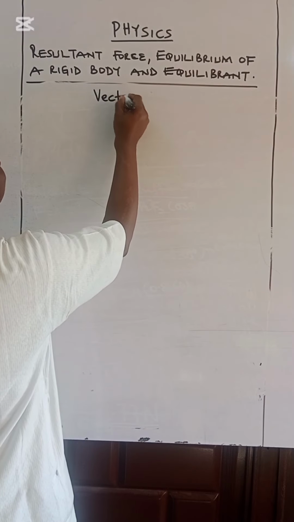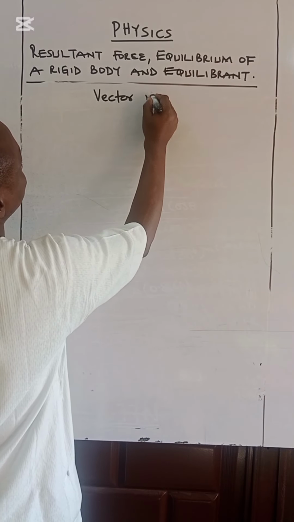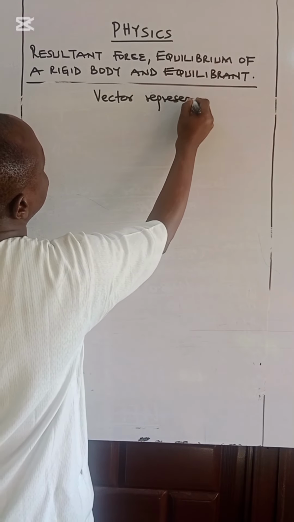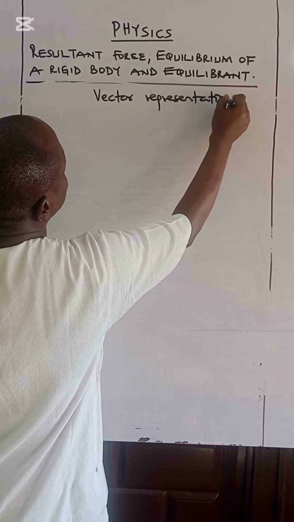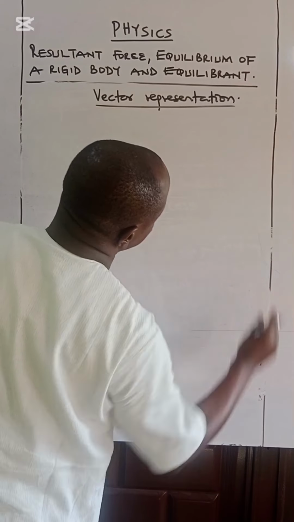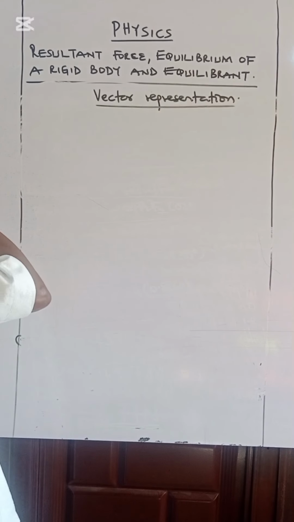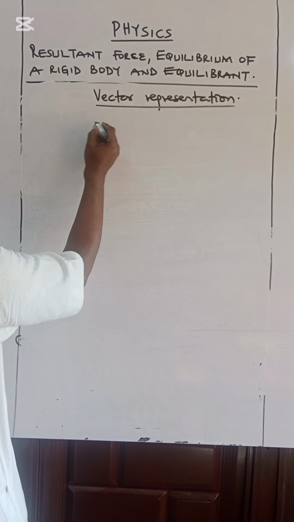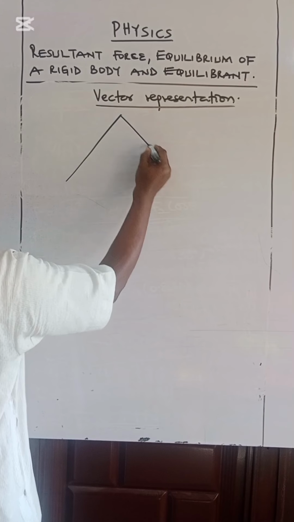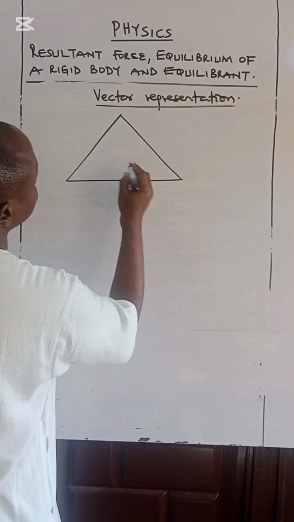Under vector representation, take note of this, under vector polygon. Always take note of this.